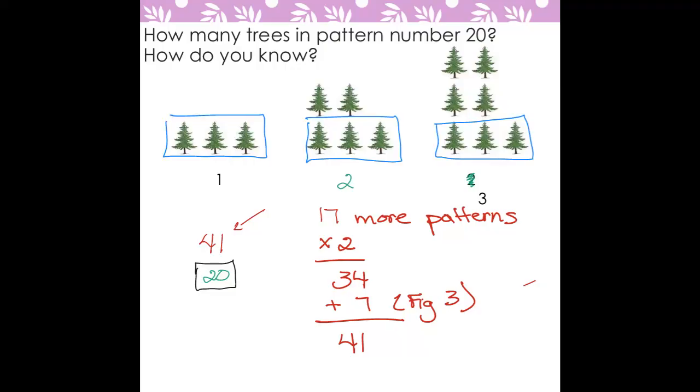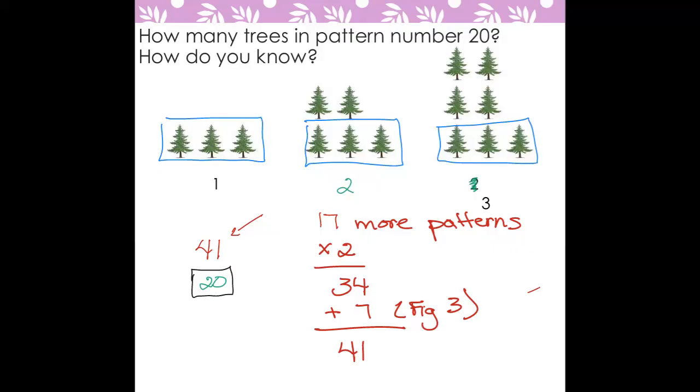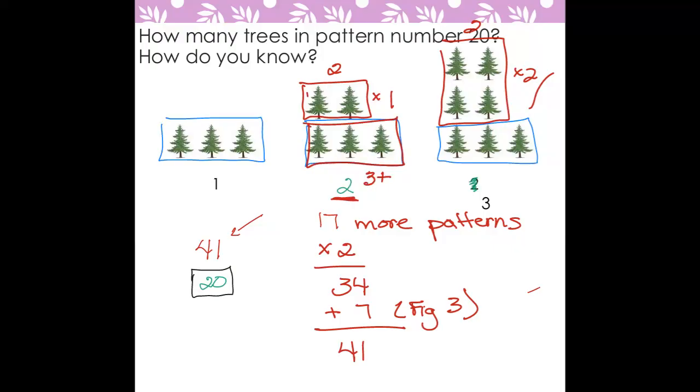I see this as each pattern having 3 trees plus the rest of it is then a rectangle that is always 2 by 1, then 2 by 2, then 2 by 3, 2 by 4, etc.